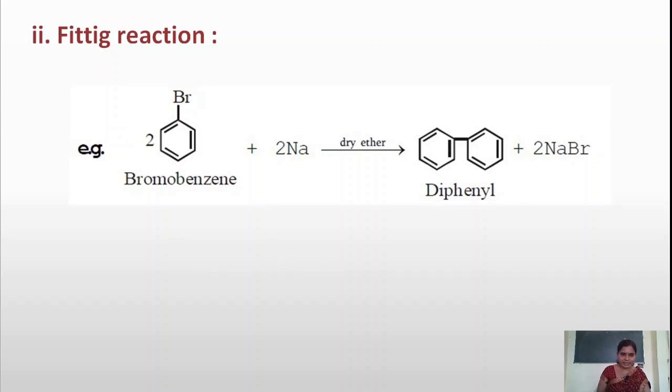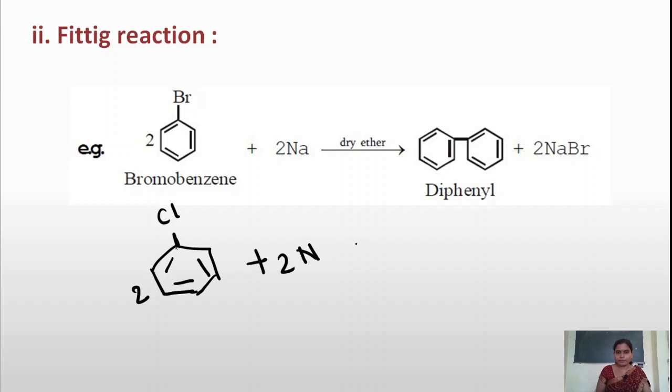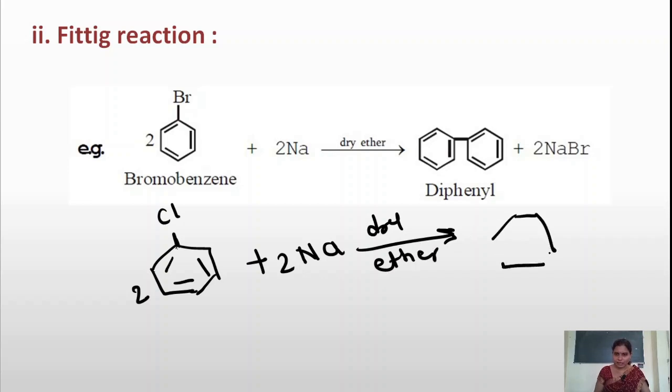Here I take another example. This is chlorobenzene, and when it reacts with 2Na in the presence of dry ether, I will get the same type of structure, that is diphenyl.